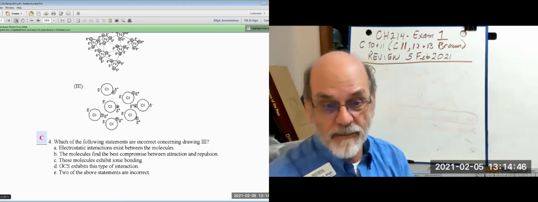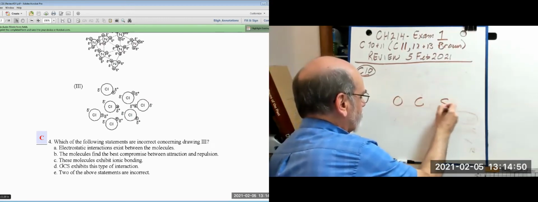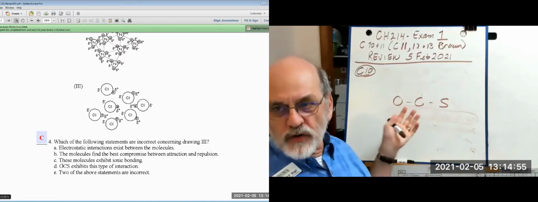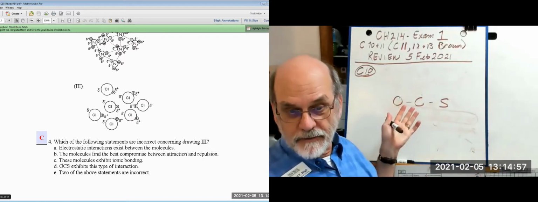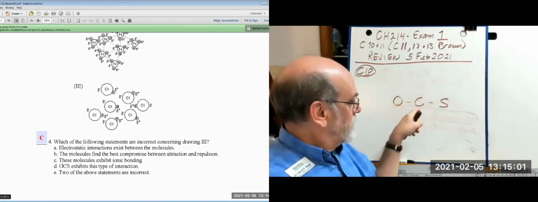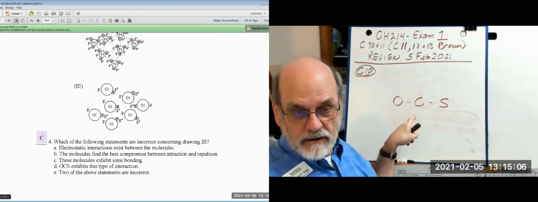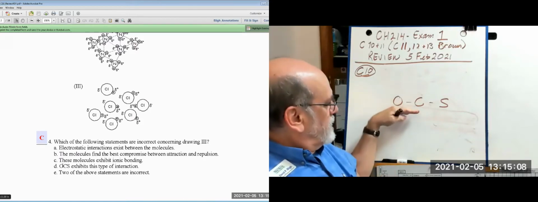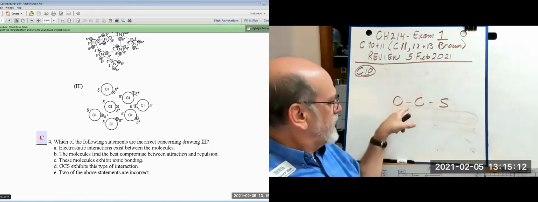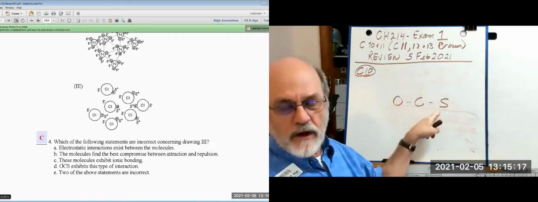OCS, that is a compound. Okay. Now, that's not the proper Lewis dot structure for it, but what we need to do is figure out what the Lewis structure is. Well, even if it's linear, right? Look at that. Even if it's linear, carbon in the middle, oxygen on one side, sulfur on the other.